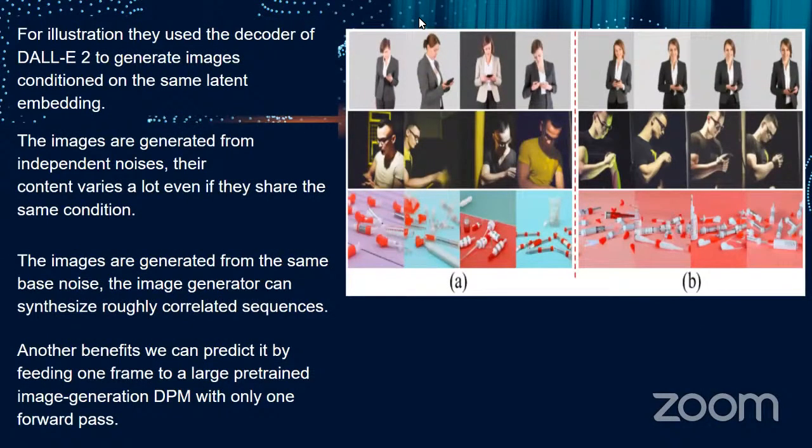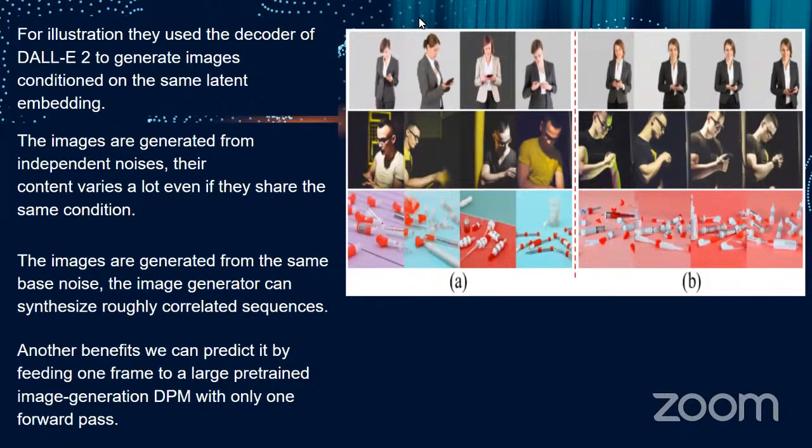To illustrate this idea, they used a decoder called DALL-E 2 to generate images conditioned on the same latent embedding. As we see in this image, in the first part A, the images are generated from independent noises, and their content varies from each other. There are many differences between the images: the background, also the motion of the person.